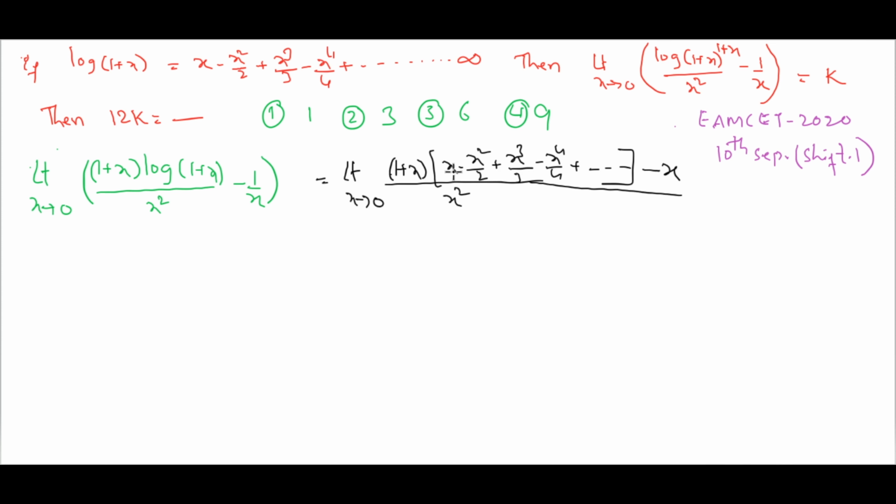So multiplying, this is 1 into x, that is x, limit x tends to 0.